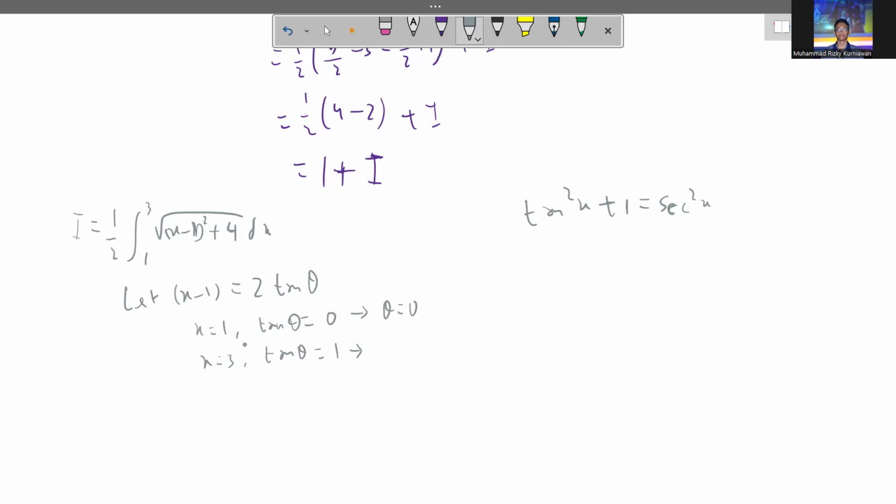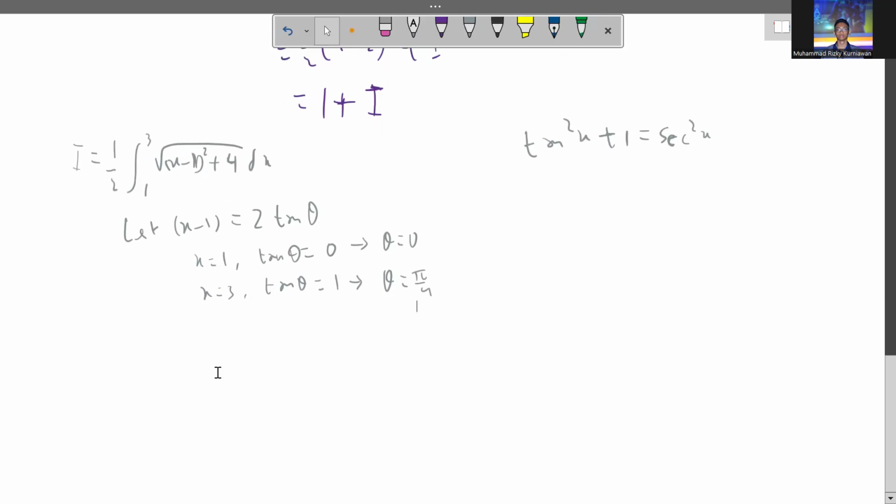The second one here should be equal to pi over 4. Okay. So I is equal to 1/2 of the integral from 0 to pi over 4.